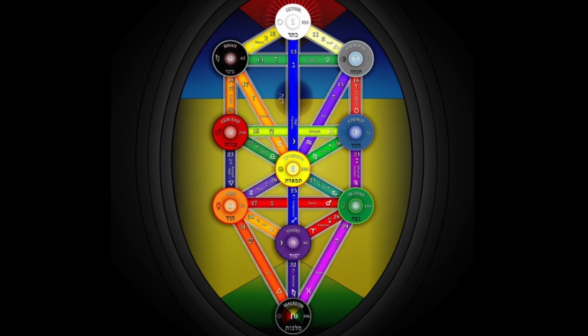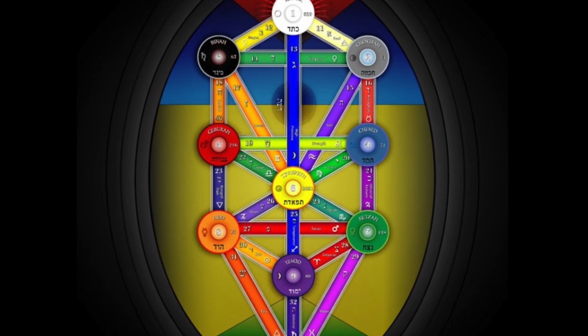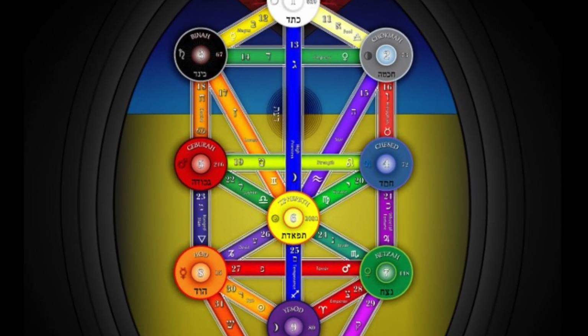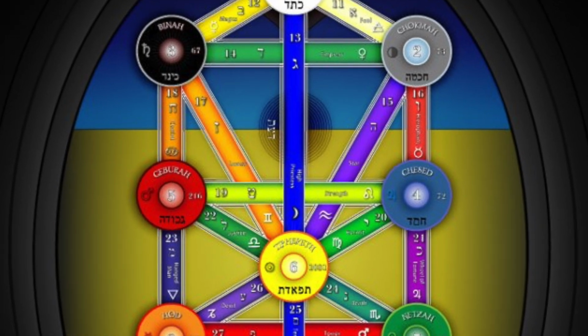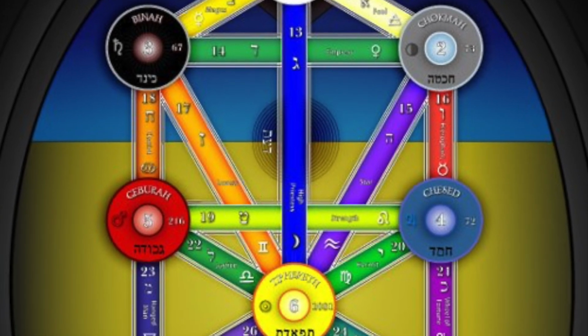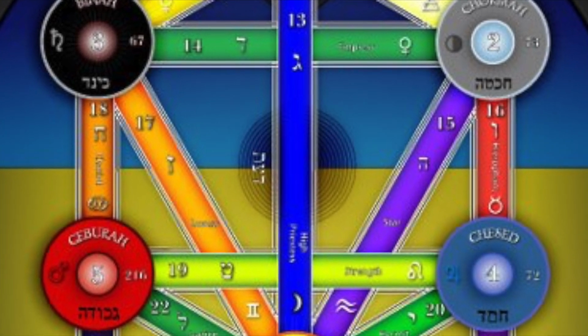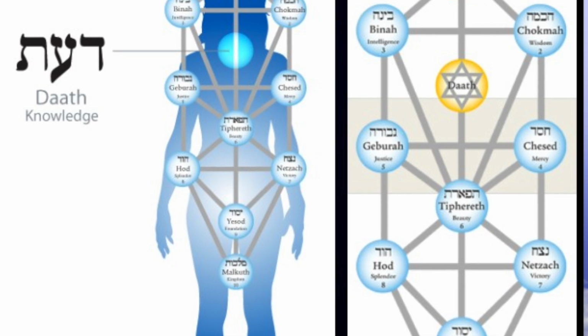And you will see on the image there seems to be 11 spheres, but this one that is completely behind the tree, if you can make out the letters, it says Da'at, D-A-A-T-H, okay? Da'at is called the hidden realm, okay? It is not one of the Sephirot.